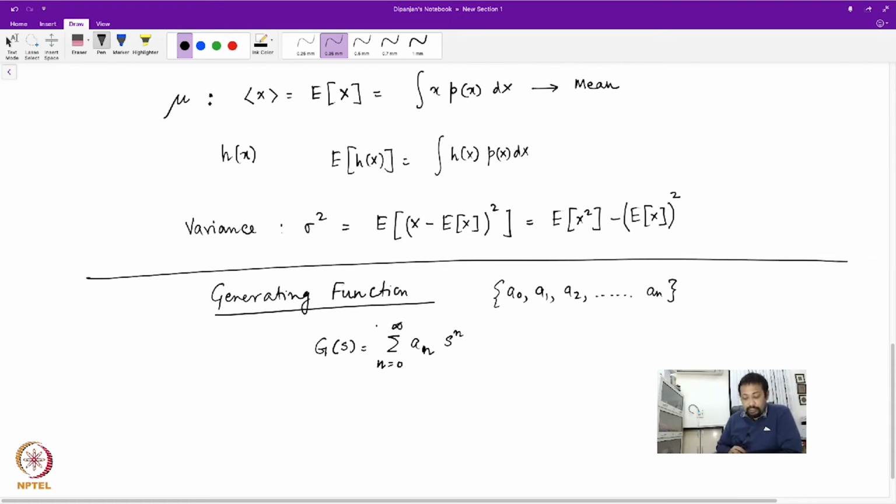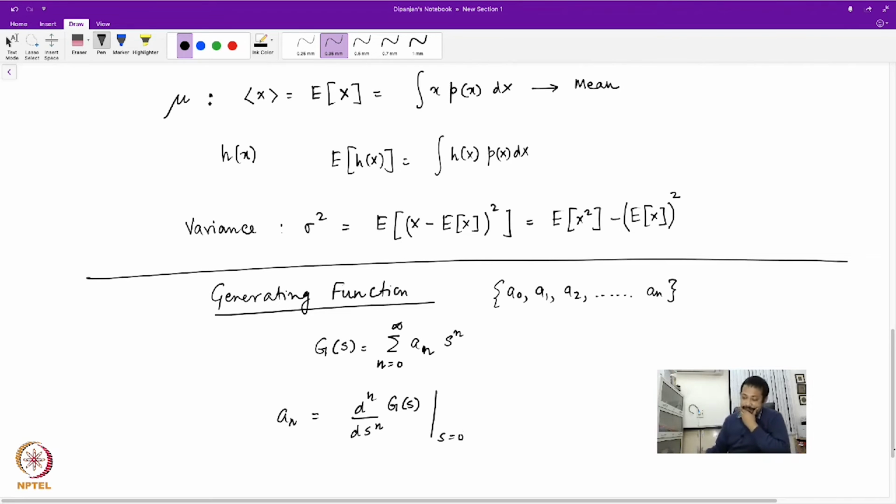The sequence can be reconstructed back. How? Well, your a_n's are going to be given by the nth derivative of g(s) with respect to s evaluated at s equal to 0. So you can go from g(s) to a_n very, very easily.